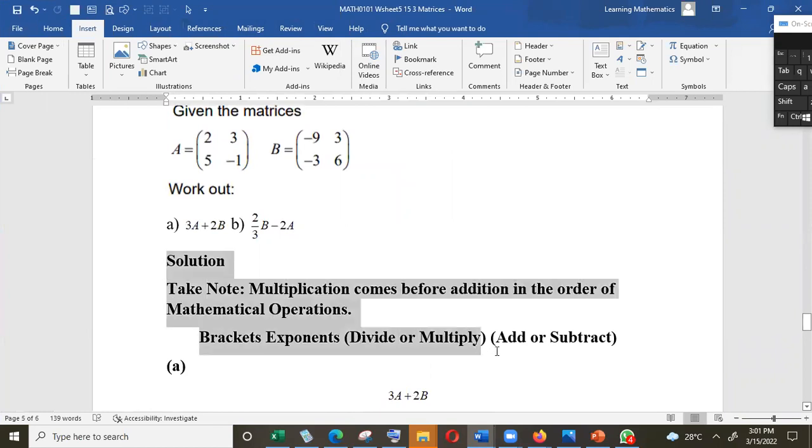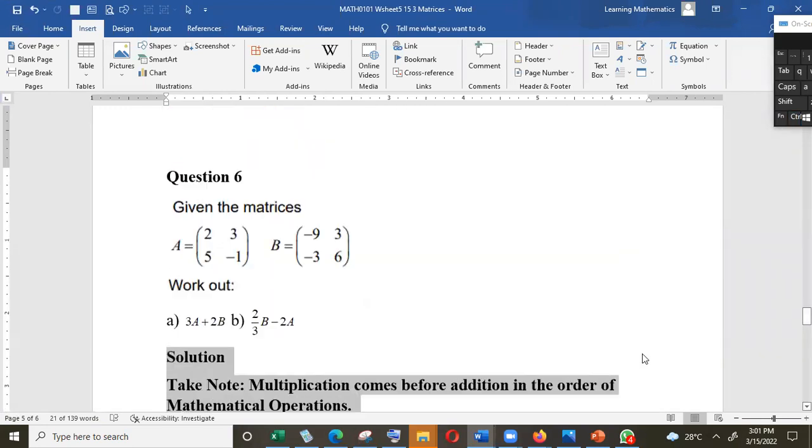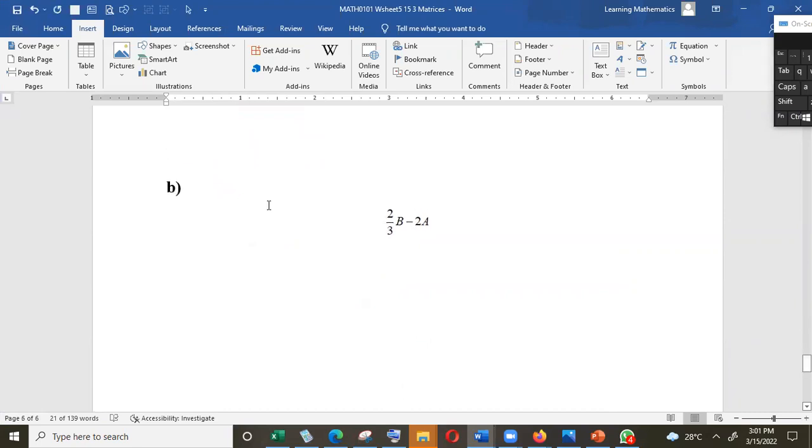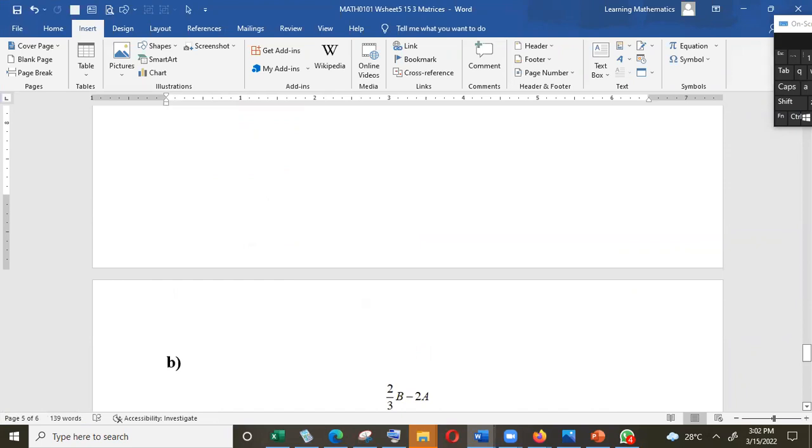You must do whatever is in the brackets first, if there are exponents after, if there are divide, multiply, or multiply, divide, and finally add or subtract. Okay, so we must bear that in mind before we begin.